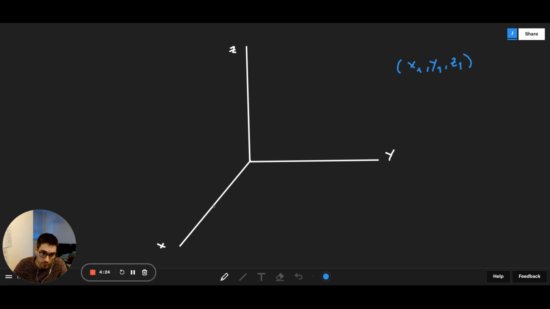So X1 will be in the direction of the x-axis, then Y1 in the direction of the y-axis, and Z1 in the direction of the z-axis. This will be the location.